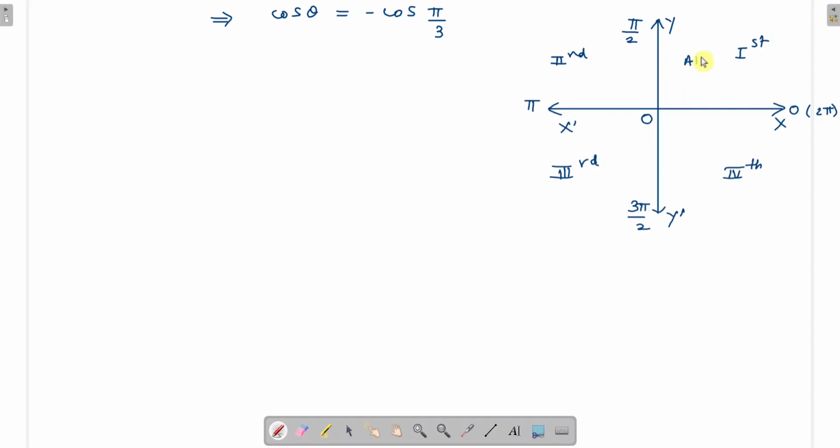Here all ratios are positive, here sine and cosec are positive, here tan and cot are positive, so T, here cos and sec are positive, so curve.